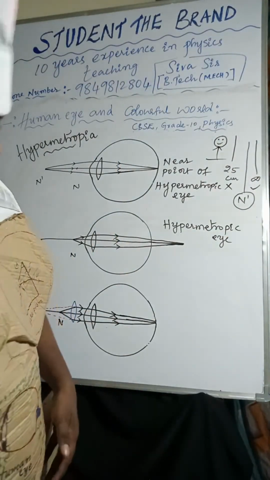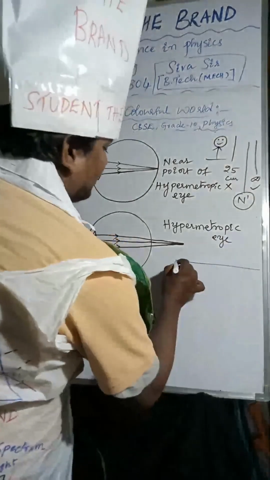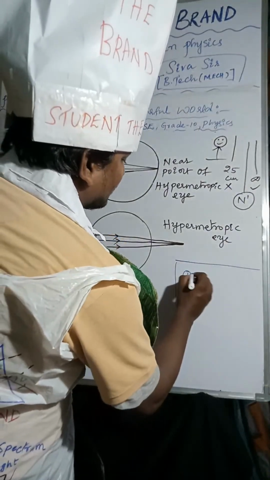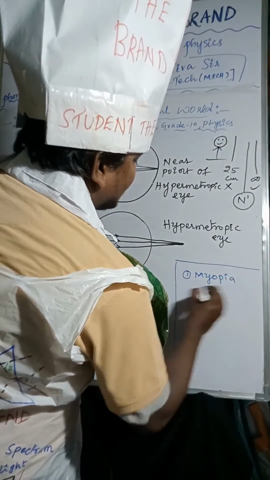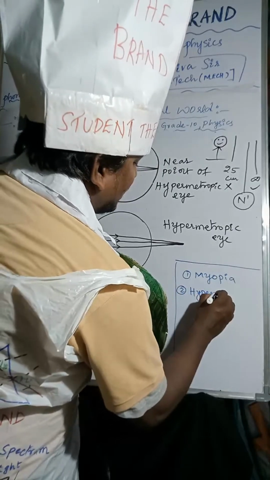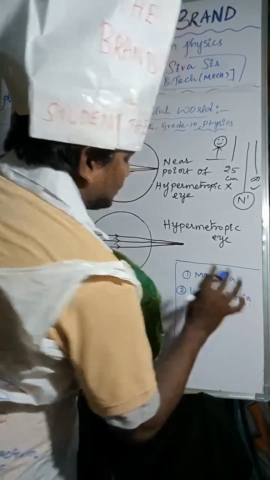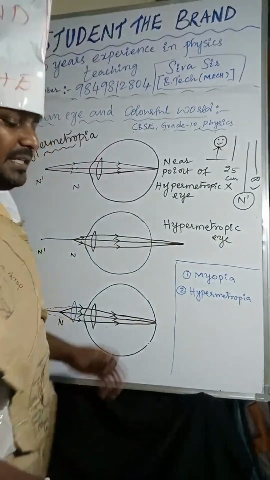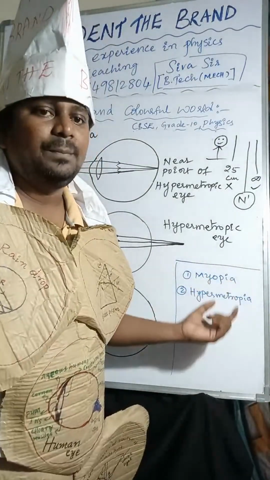For hypermetropia, I will tell a simple logic to remember these three. First is myopia, second one is hypermetropia. Just for remembering's sake, I am saying myopia is a short word compared to hypermetropia.